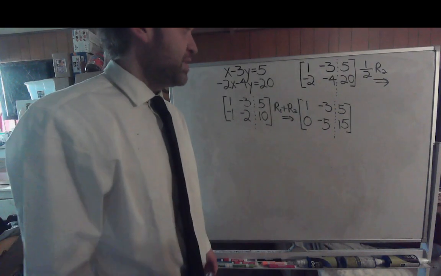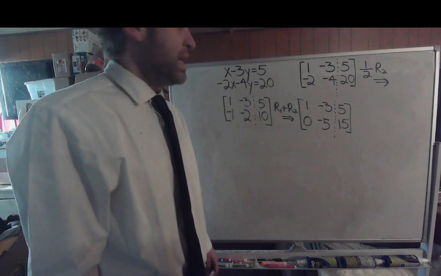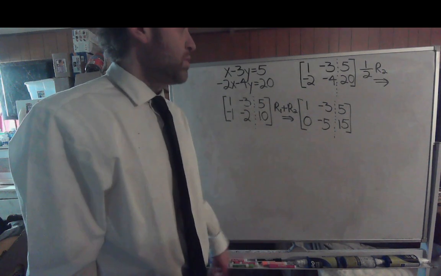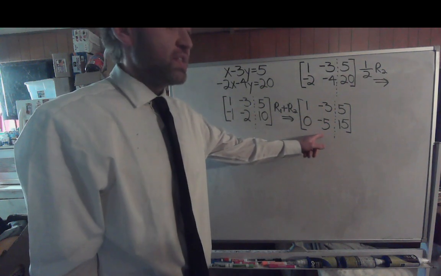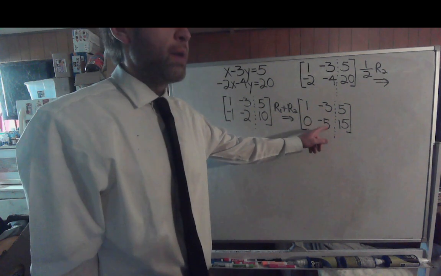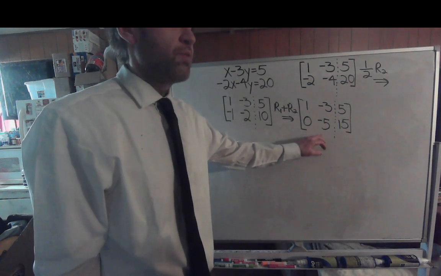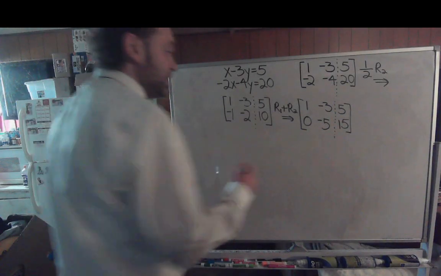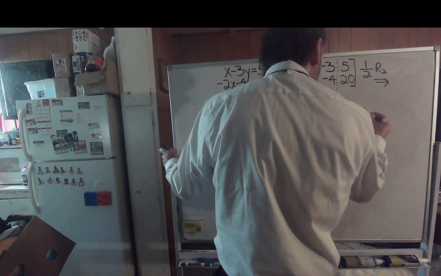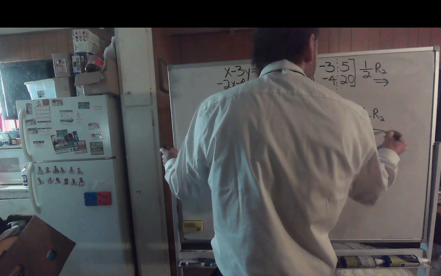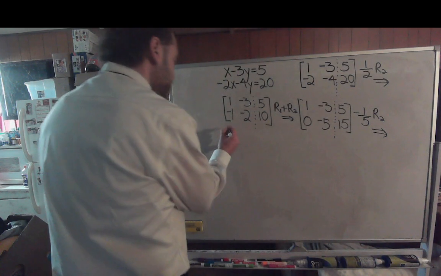Now the next thing you're going to want to do is start by making the second digit in the second row a 1. It's a -5 for your leading digit in the second row. We need to make it a 1. So you're going to take -1/5 of your second row. So let's go ahead and do that to make your leading digit a 1.